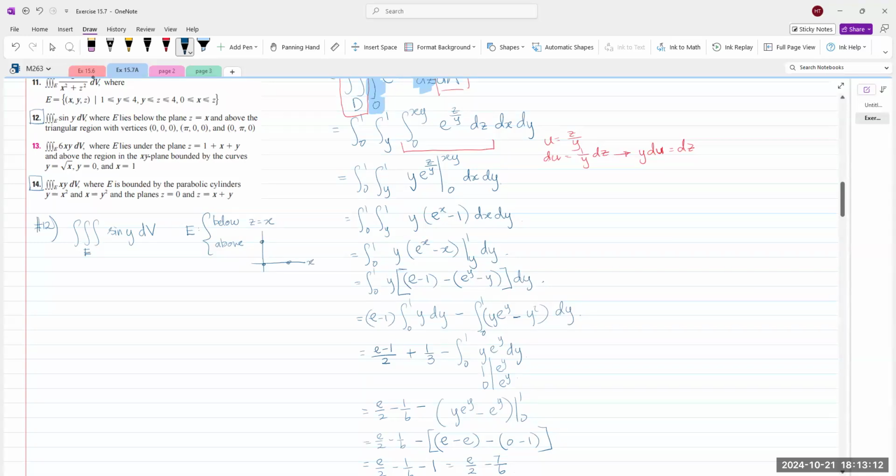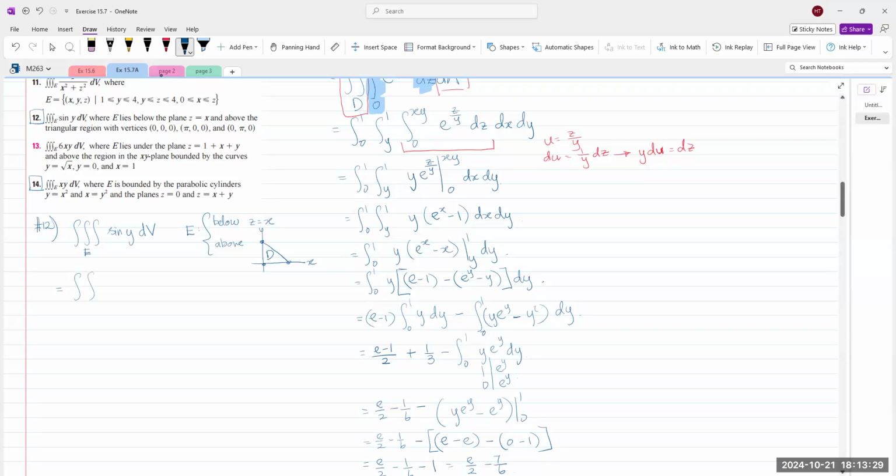So this is the x, this is the y, so this is the triangle. This is the D then. Okay, so for the D, maybe I just do the integral right away.